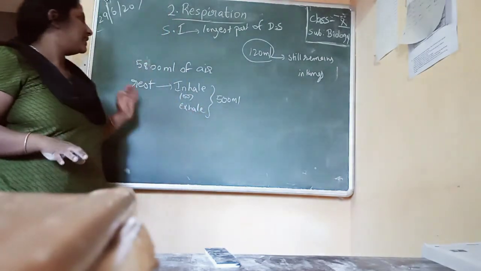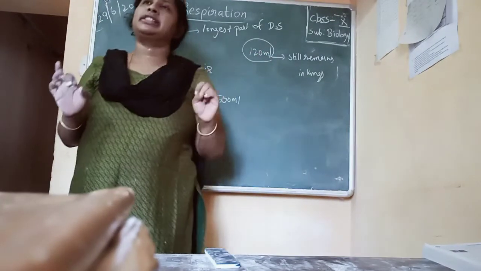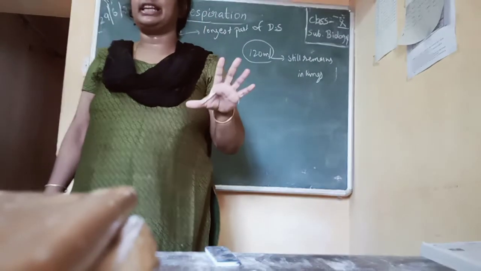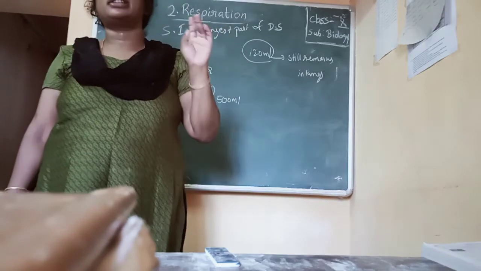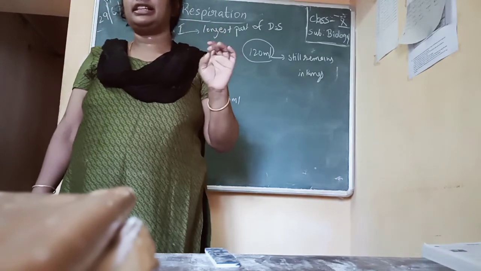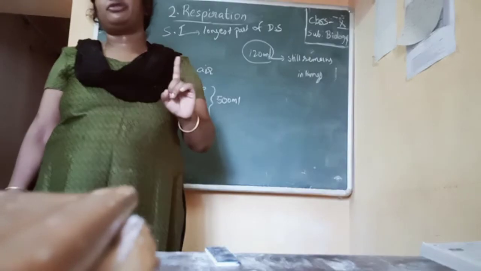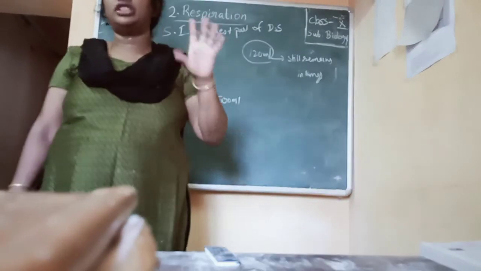Okay. This is about the structure of lungs. Very easy topic. The lungs are 2 in number in human beings. They are situated in the thoracic cavity, and the left lung is slightly smaller than the right lung to create space for the heart. Lungs are soft and spongy in nature.